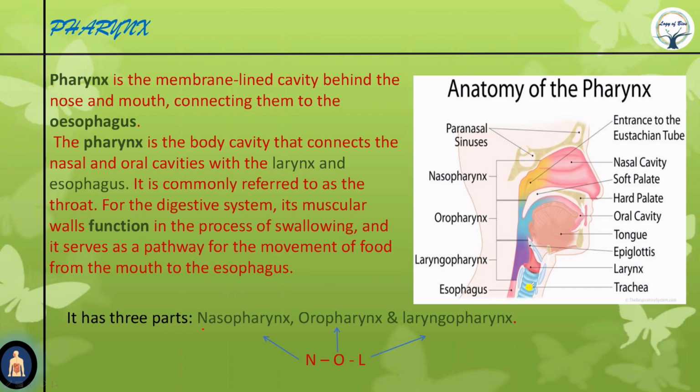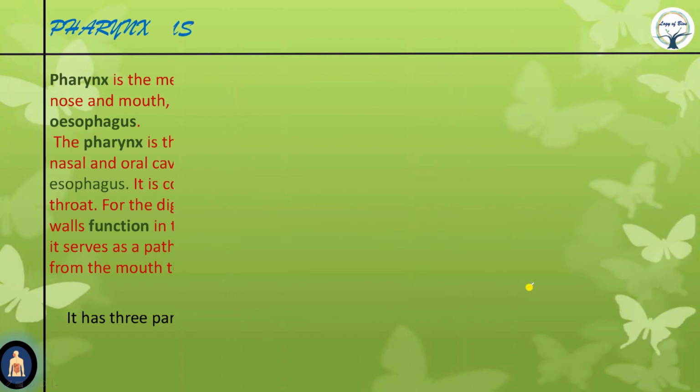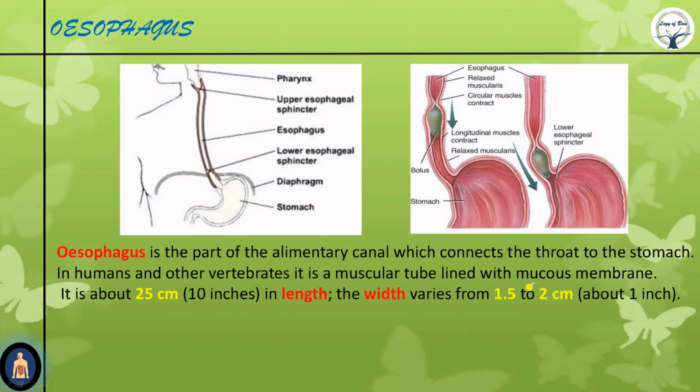Okay, so after the pharynx we have the esophagus. Esophagus is a long 25 centimeter tube which connects the buccal cavity or oral cavity with the stomach. Esophagus has two sphincters. If you remember, sphincters are a ring of circular muscles which allow the entry or exit of some materials.